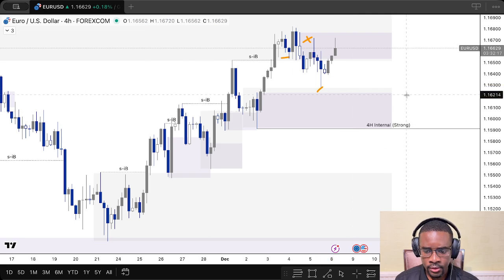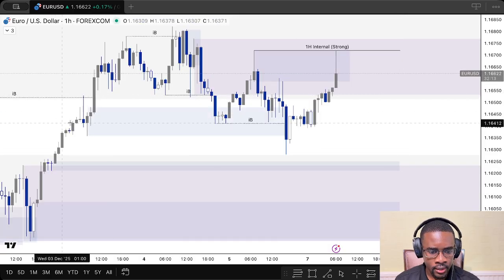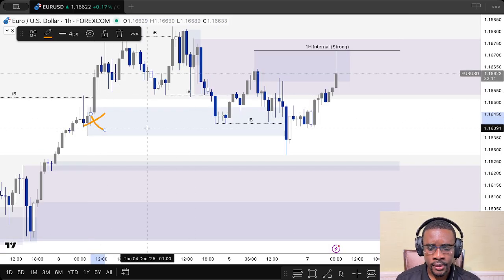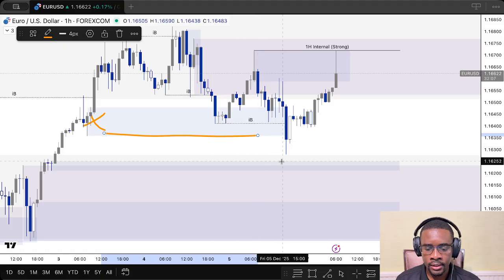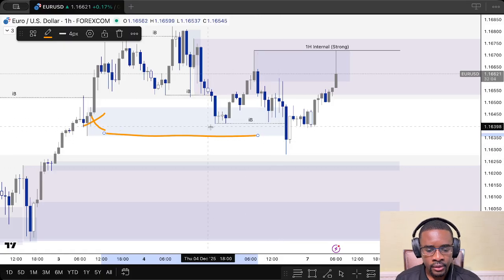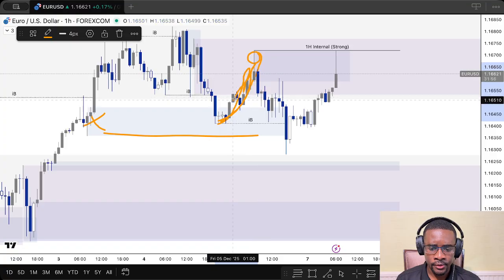And on the 1 hour, we had the supply, this demand, which was right here, which I was saying was highly likely to fail. As you can see, price did react at the 4 hour, and then we did have a reaction on the 1 hour as well.